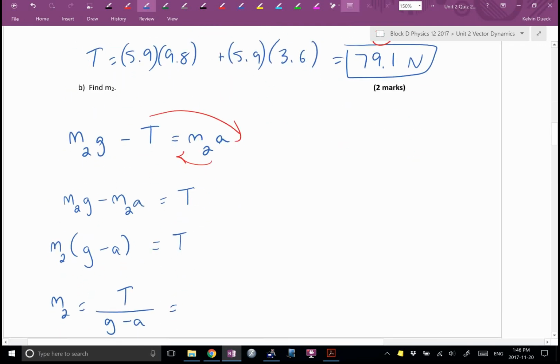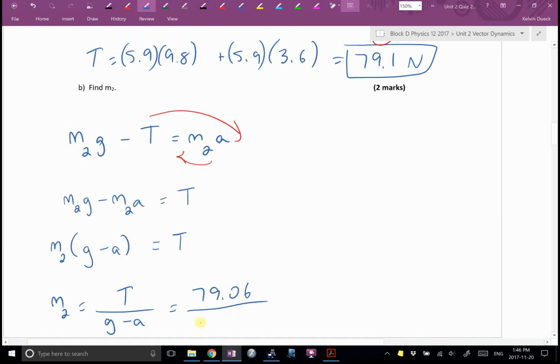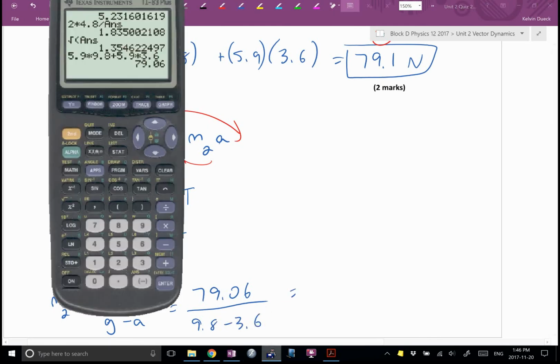It's going to be 79.06 divided by 9.8 minus 3.6. Definitely have to have a bracket on the bottom because of the plus sign. 12.75.